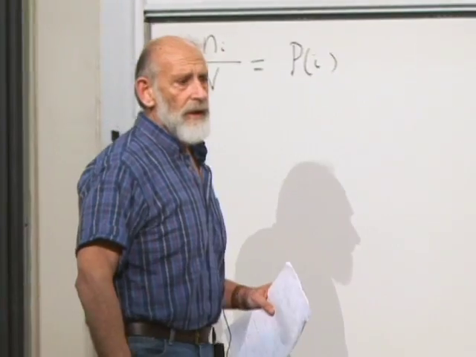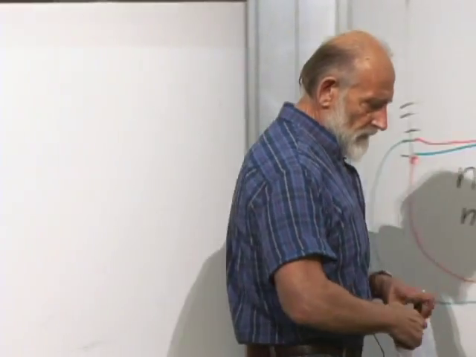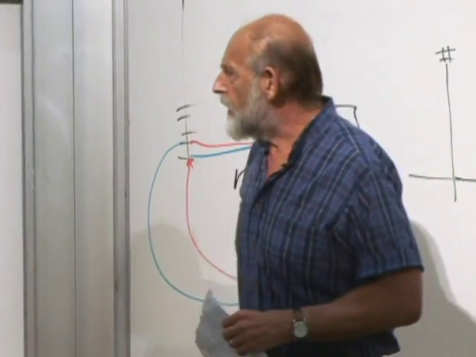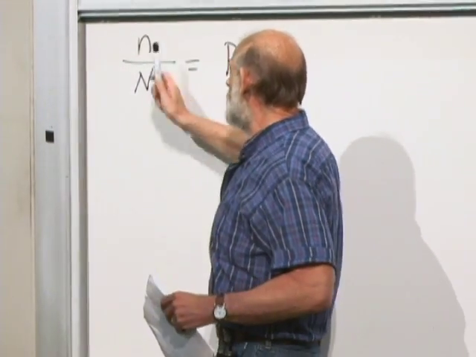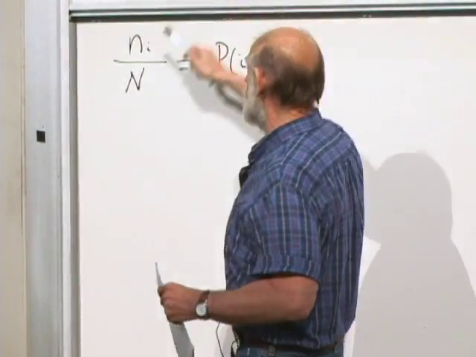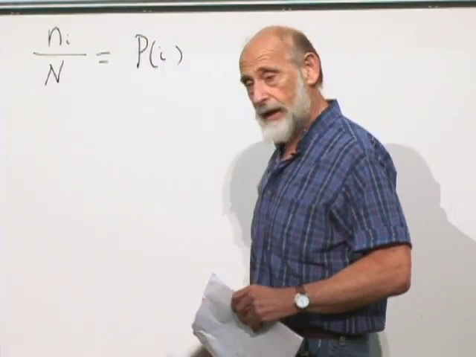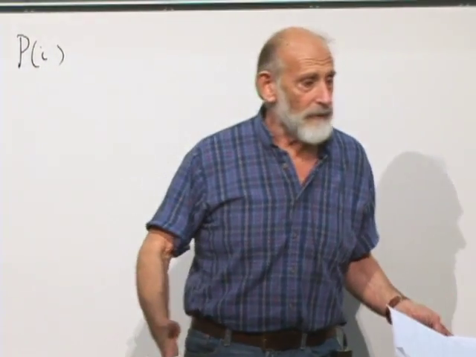Why P? Well, if you have a large number of identical replicas, subject to some fluctuation, but you know the ratio of the number of each type of box to the total number, it makes a lot of sense to think of that as the probability that any given box is in the state I. What is probability, after all?